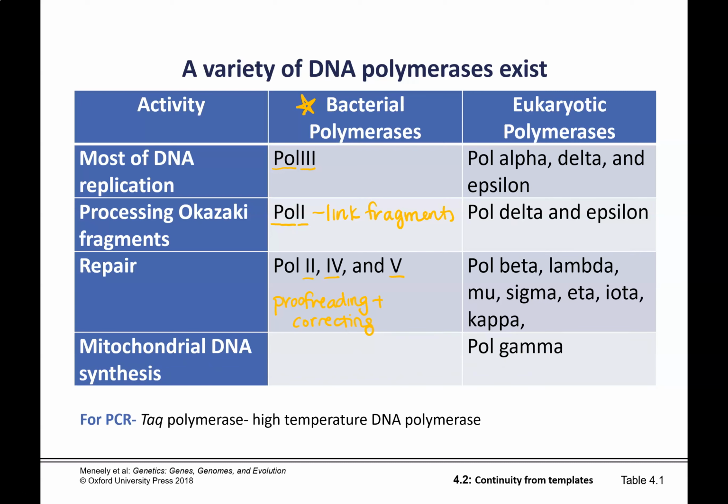I want to note one specific important polymerase. This is the Taq polymerase. Taq polymerase is the molecule that we're going to be using for PCR reactions. So this is DNA replication in a test tube. And Taq polymerase is special because it was isolated from a bacterium called Thermus aquaticus. Now this is a bacteria that is found in deep sea vents, so it's hot.